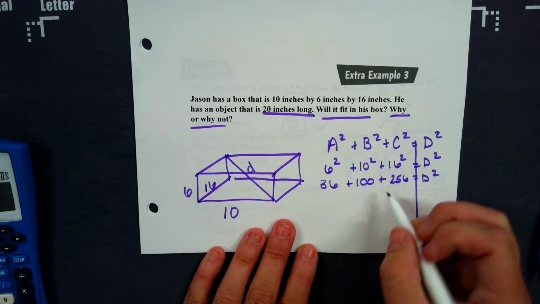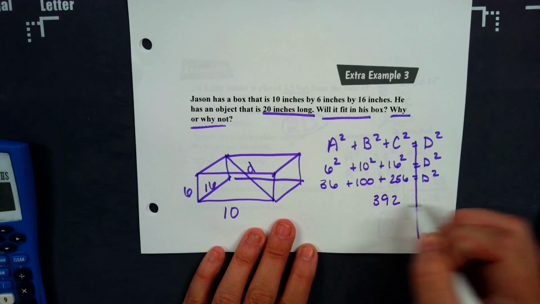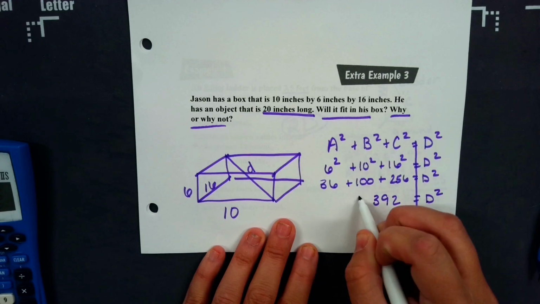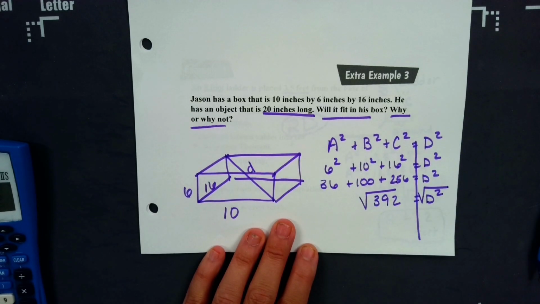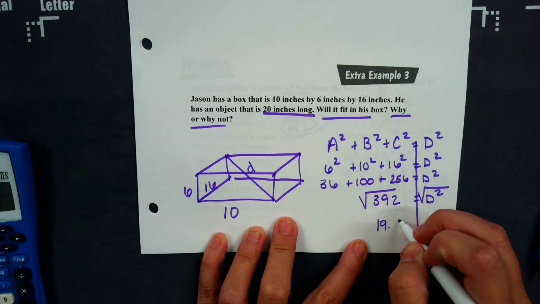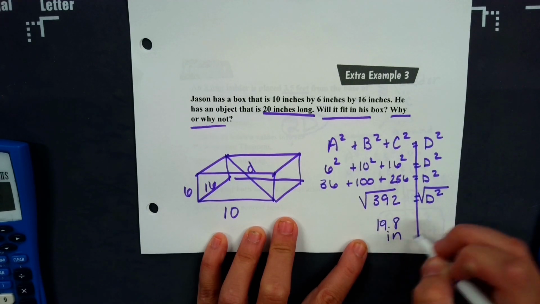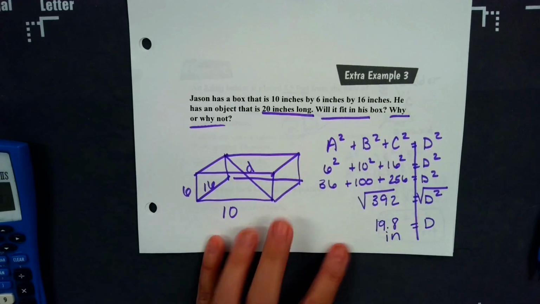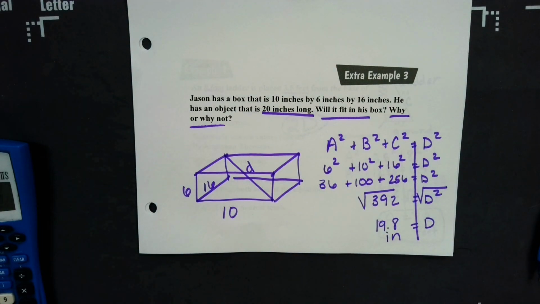Sorry I had to start going over it already because we're almost out of time. Do you guys agree with 392? So we take the square root of that, and I get 19.8 inches. So that doesn't answer my question yet.